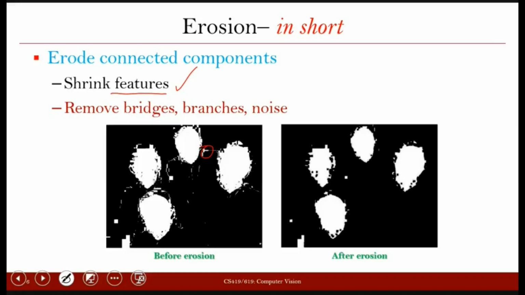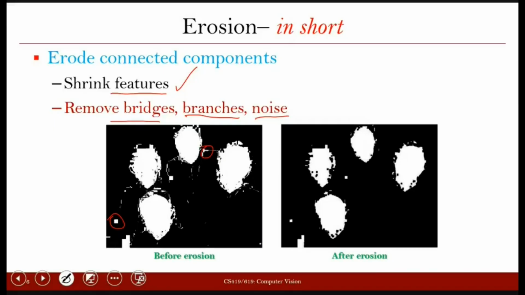We assume that our bridges, that means the white pixels which are connecting the two foreground objects, or the branches, which are again the pixels connecting the two foreground objects, or the noisy pixels like small fragments present in the image, all these kinds of pixels representing bridges or branches or noise are going to be small in size.